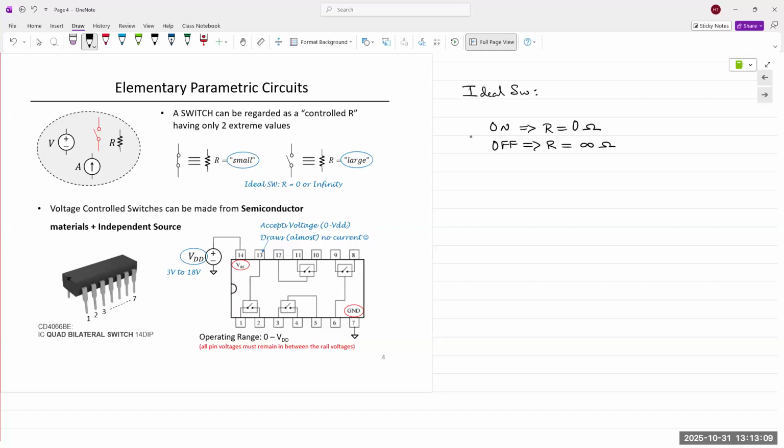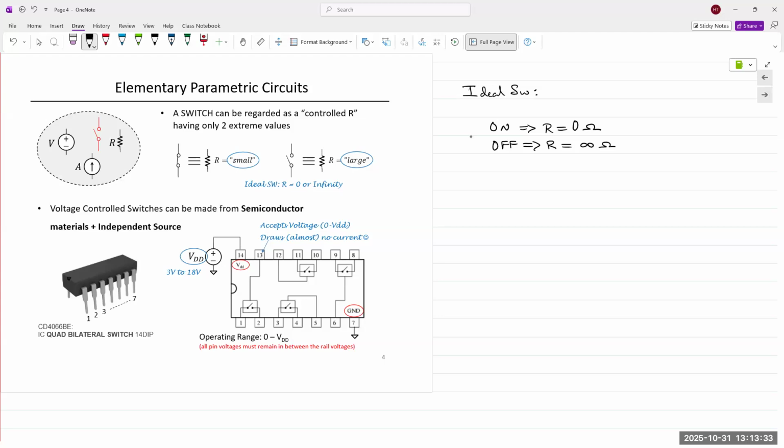And when it's logic high, we use binary number 1 to represent logic high, but in terms of circuit voltages, it would be plus 5 volts. So you have digital circuits between 0 and 5 volts. Modern circuits are between 0 and 3.3 volts. So logic 0 would be 0, and logic high 1 would be 5 volts or 3.3 volts.